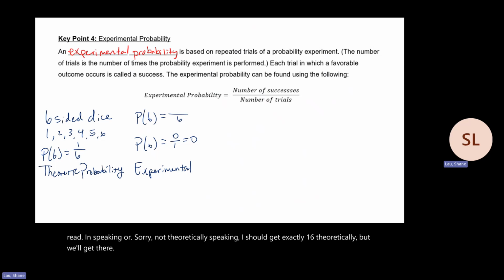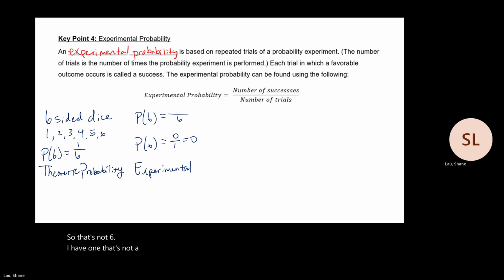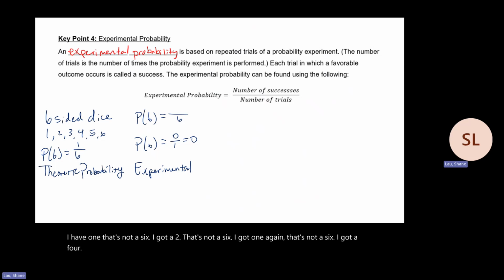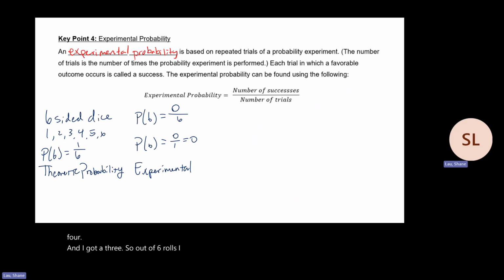I got a 5, so that's not a 6. I got a 1, that's not a 6. I got a 2, that's not a 6. I got a 1 again, that's not a 6. I got a 4. And I got a 3. So out of 6 rolls, I got 0 6s.